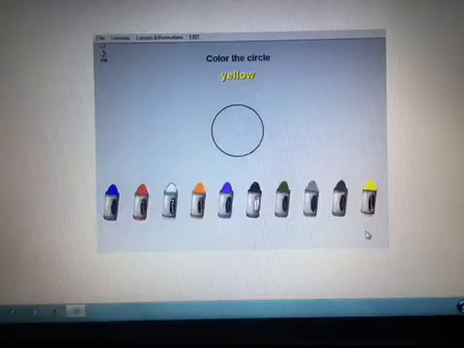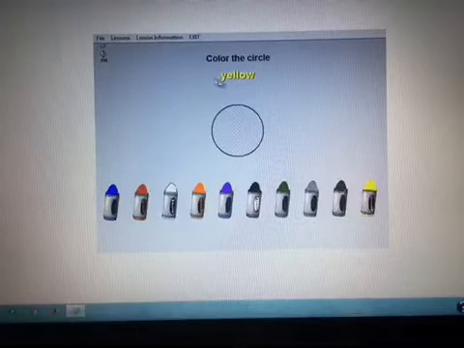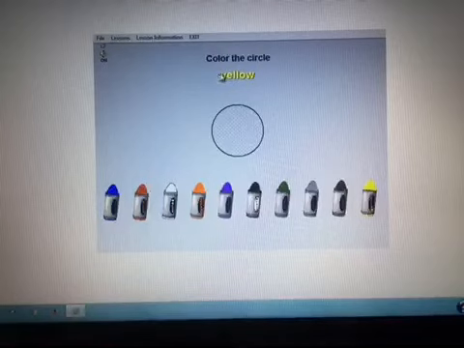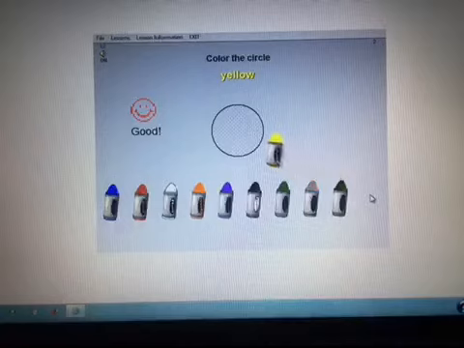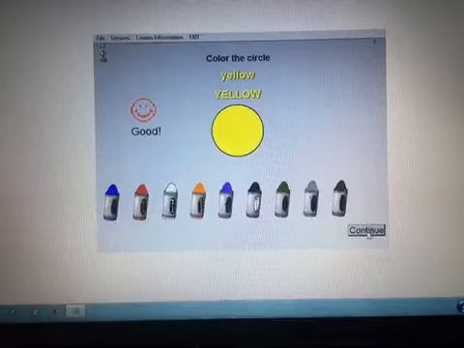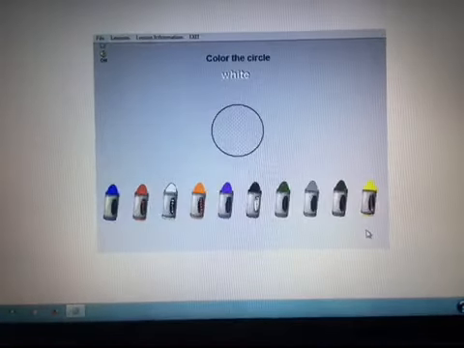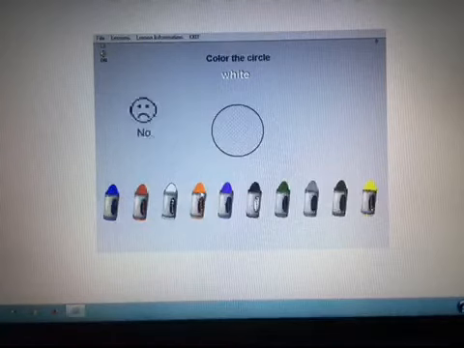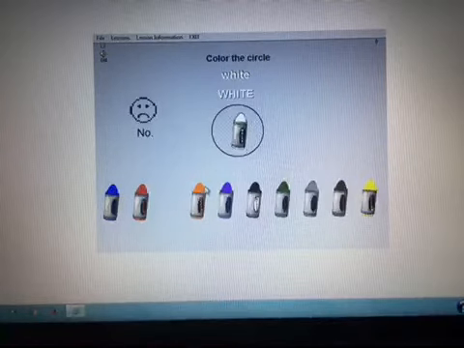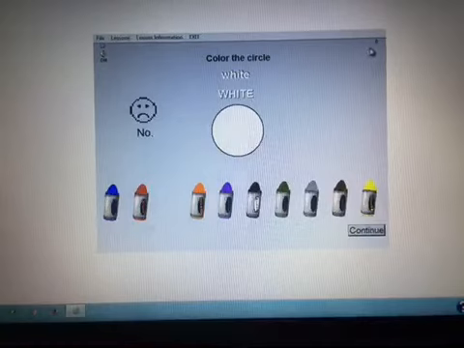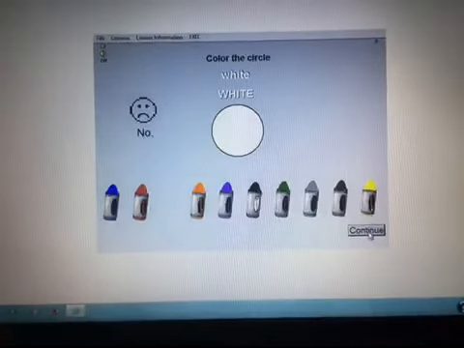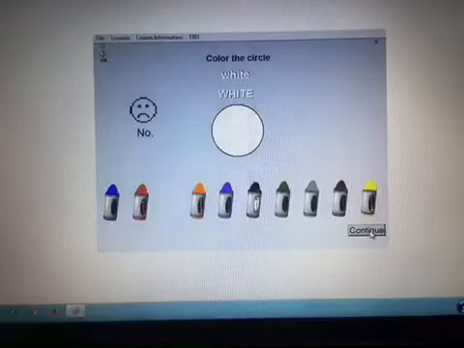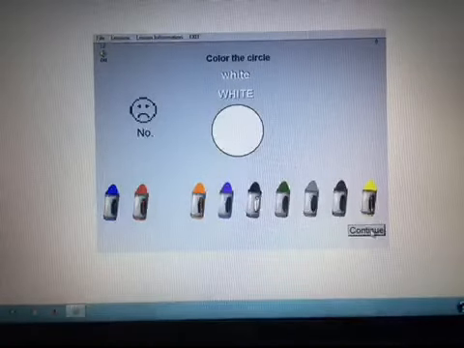Color the circle. Again, we're not telling them, we're showing the word, but we have the color cue. Good, yellow. Color the circle. No, white. So again, our tally is now back to 0. They must get 10 in a row to progress to the next level.